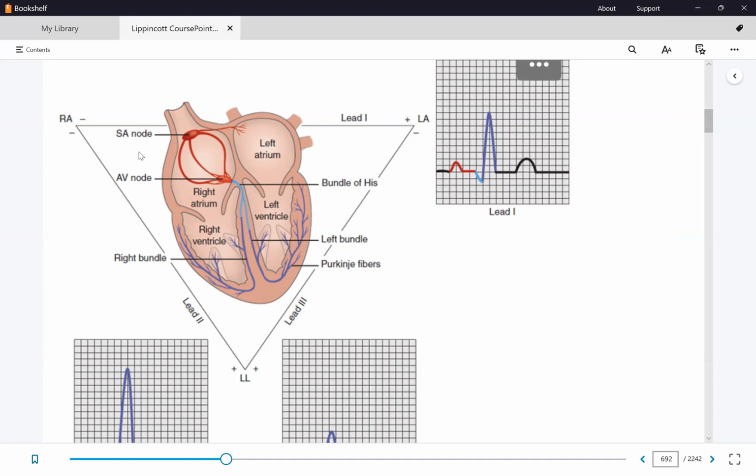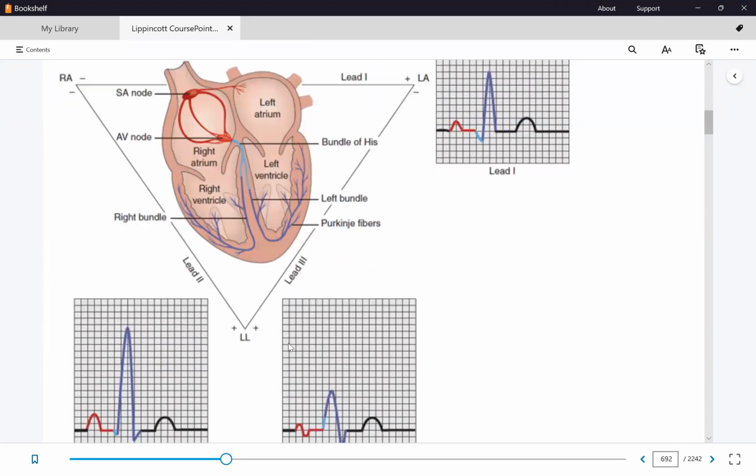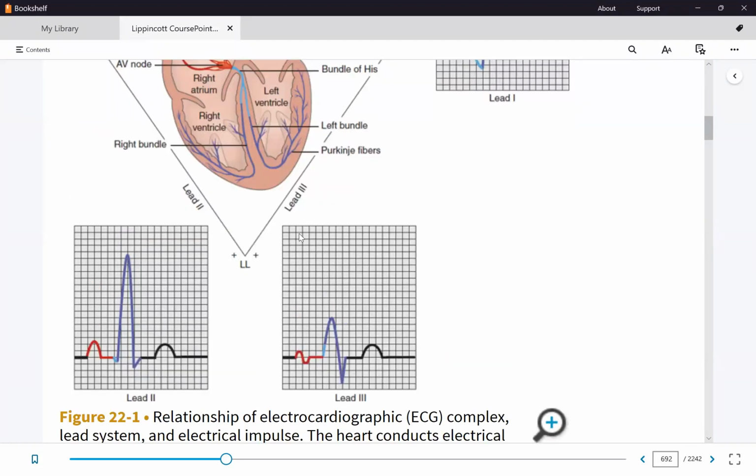Because if you look at it, there will be 12 leads in an ECG. That means the 12 leads are lead 1, 2, 3. That's the first three. Then we have the AVL, which is your left arm, AVR, right arm, and then AVF. AVF is the left foot. There is no lead on the right foot.